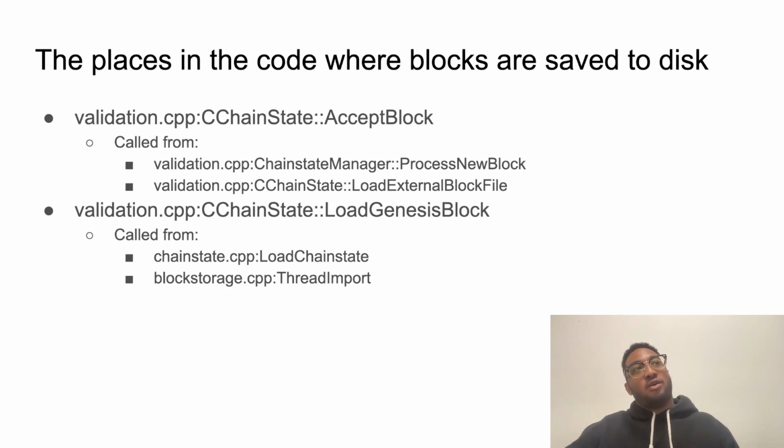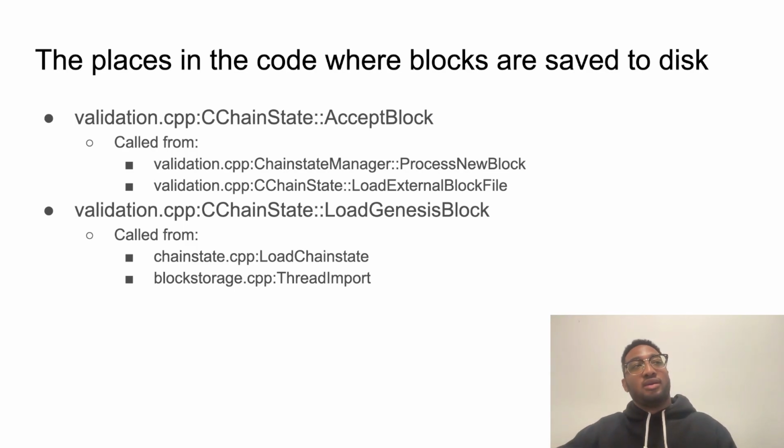In the places in the code where blocks are saved to disk, there's something called AcceptBlock, which, as you can imagine, is where a block is being accepted, and that can be called from processing a new block that you're hearing from the network. It can also happen if you're loading an external block file that you want included in the blockchain.